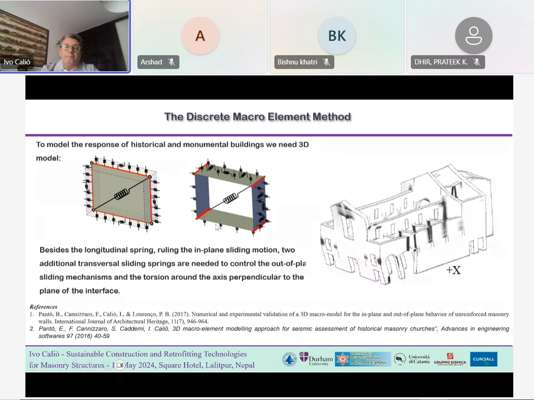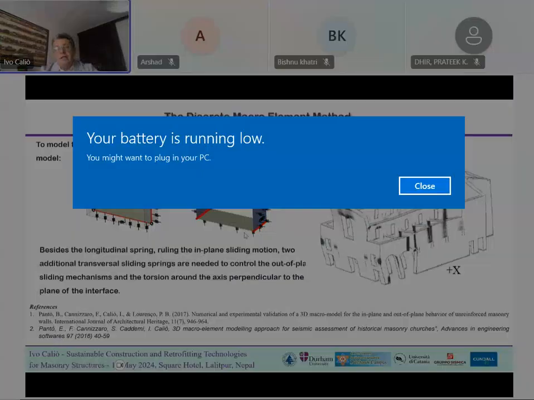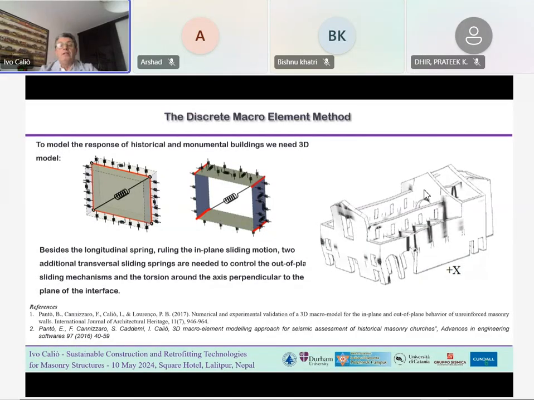Then in the PhD thesis of Professor Pantò, the model was extended to include both in-plane and out-of-plane behavior. This was the first macro element that included both in-plane and out-of-plane behavior according to a simplified approach. This model has been implemented in a software called ISTRA, Historical Structure Analysis, and has been used to model the in-plane and out-of-plane behavior of entire buildings like the church presented in the slide.